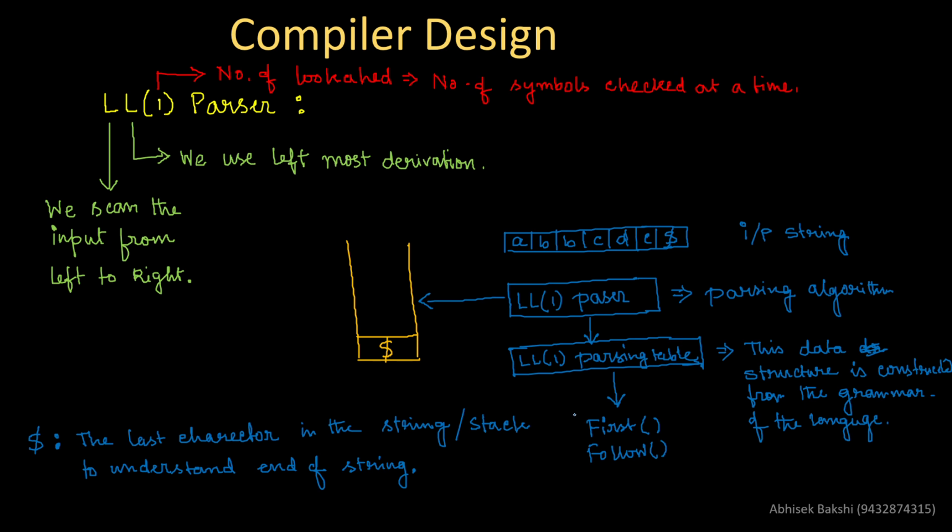If there is a single mistake in deriving the output of these two functions, then your LL1 parsing table will be wrong, and then your parser will obviously work wrongly. It doesn't matter that the parsing algorithm is correct, because the parsing algorithm is blind. It relies on these two things.